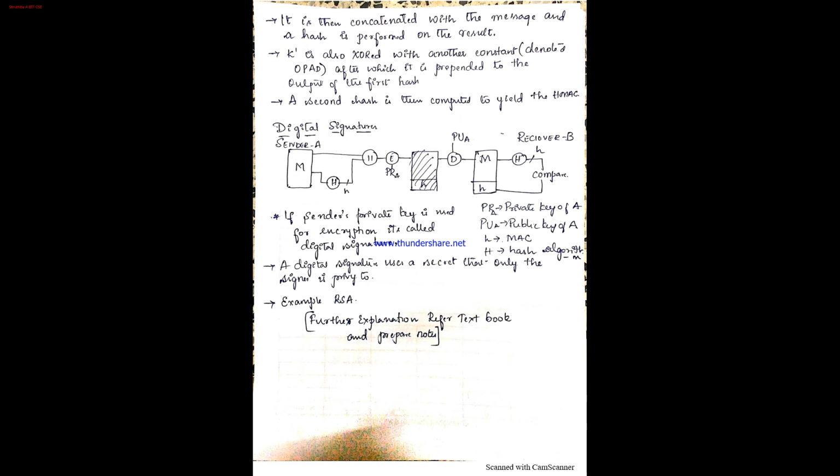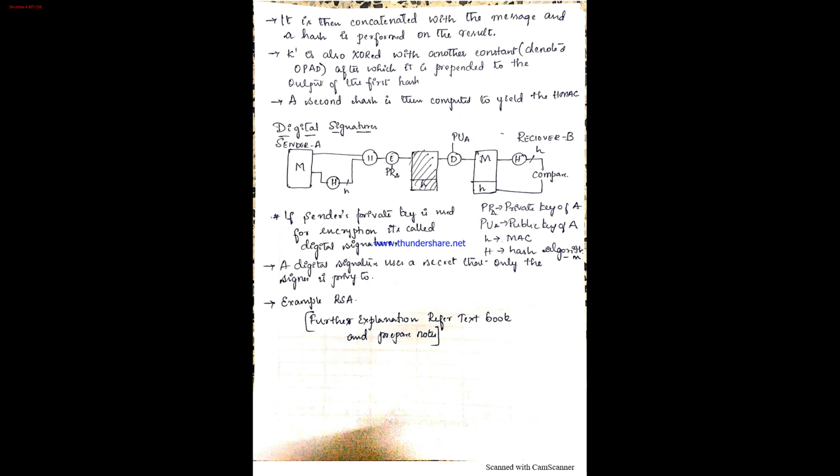Now in digital signatures, when it comes to authentication, I am worried about authentication. So in this case, as a sender, I'll take the message and encrypt it using my private key.